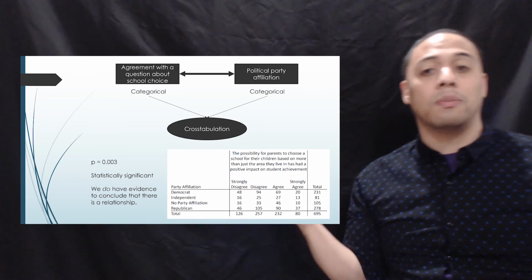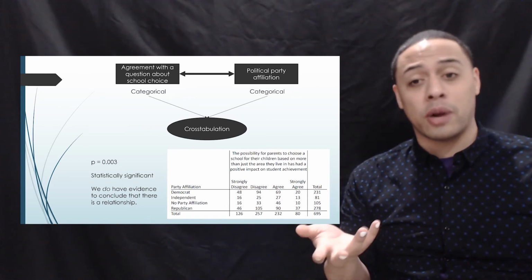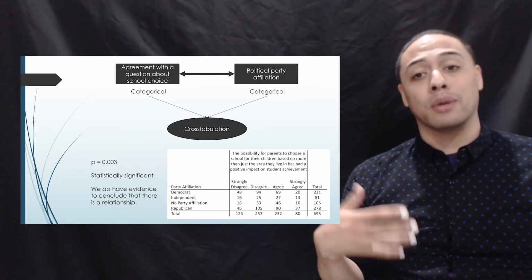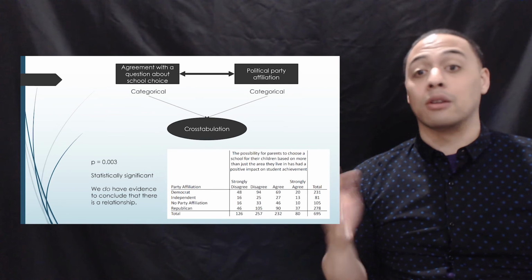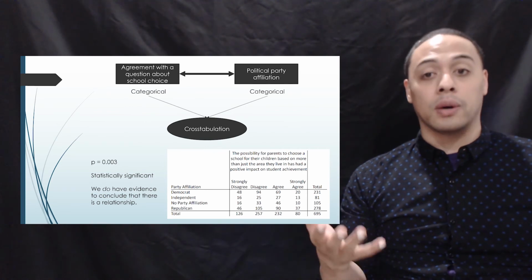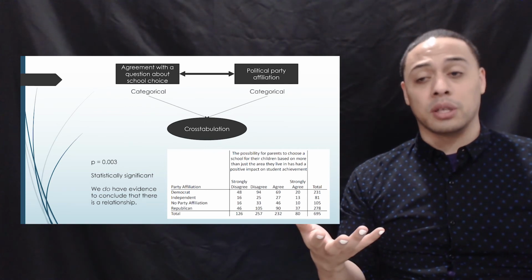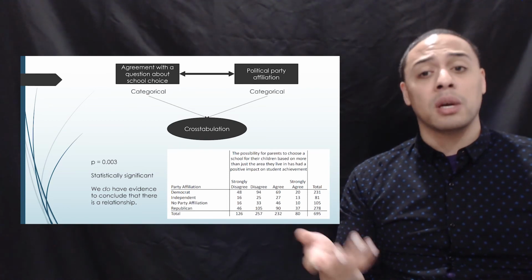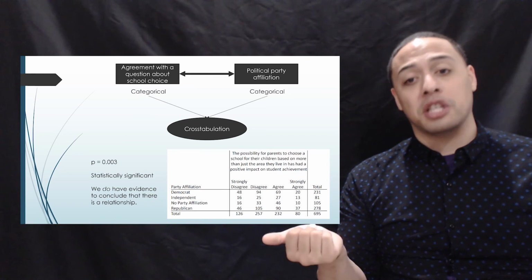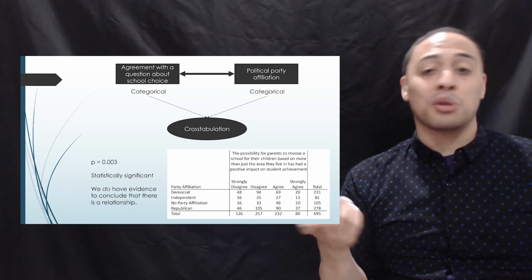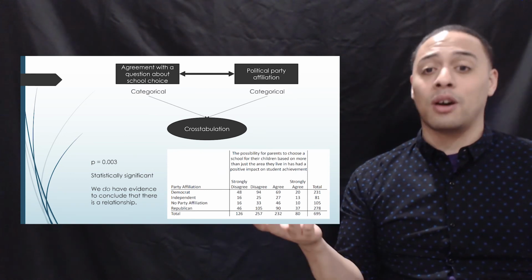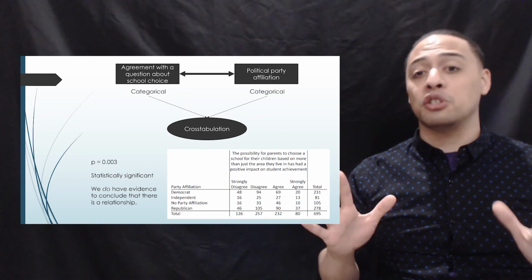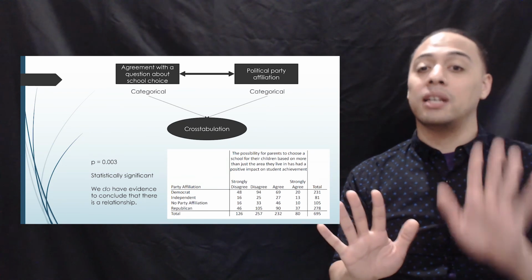Well, 0.003 is less than our traditional threshold of 0.05, and so we would reject the null hypothesis that there is no relationship, right? Or in other words, we can come to the reasonable conclusion that we think there is a relationship between people's opinions on this particular survey item and their party affiliation. And that's really all it is. That's the chi-square test of independence, testing the relationship between a categorical variable and another categorical variable.